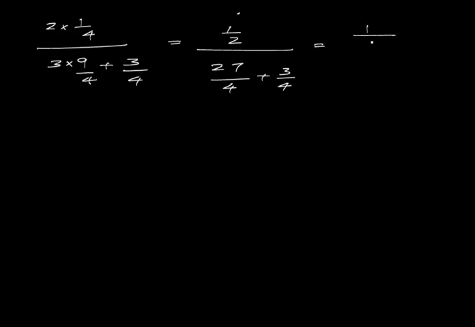That is 1 by 2 divided by 27 plus 3, that is 30 divided by 4. That's equal to 1 by 2 into 4 by 30. We can divide 2 and 4, we get 2 in the numerator, then 2 divided by 30 is equal to 1 by 15.